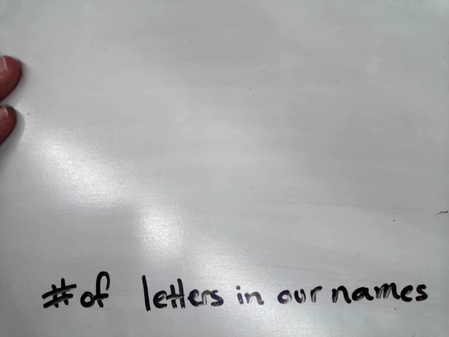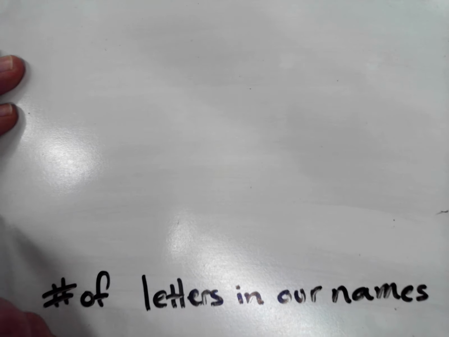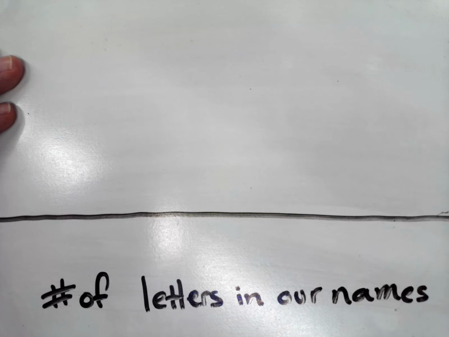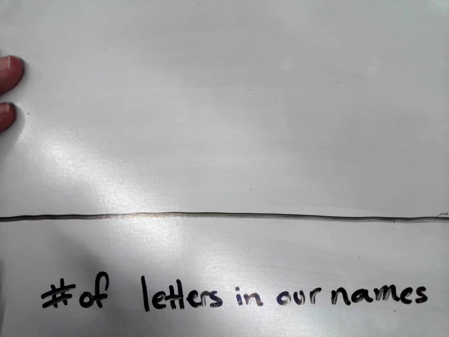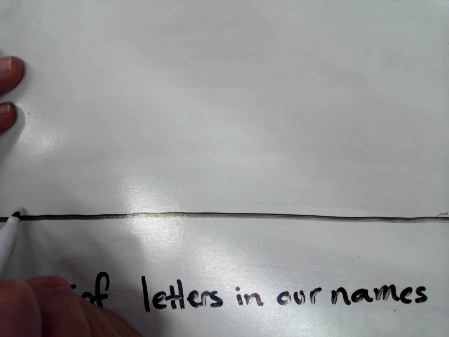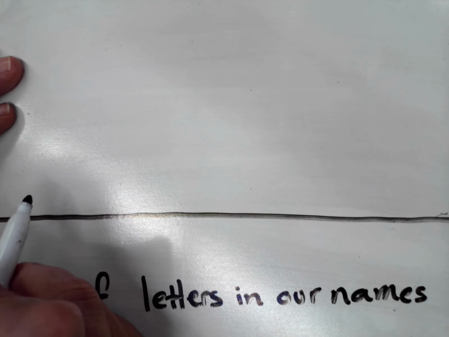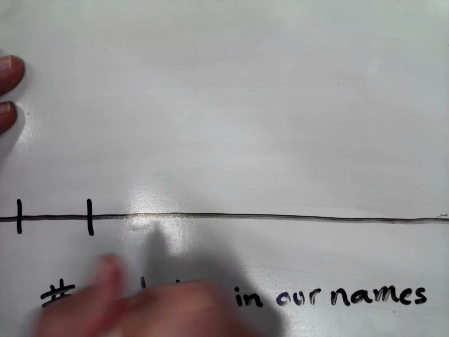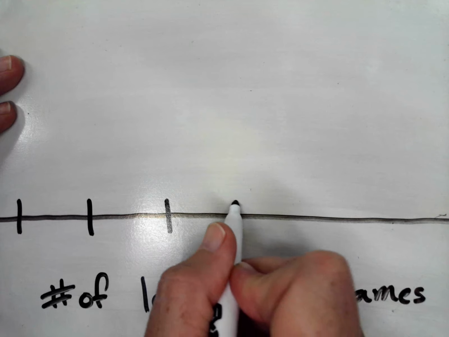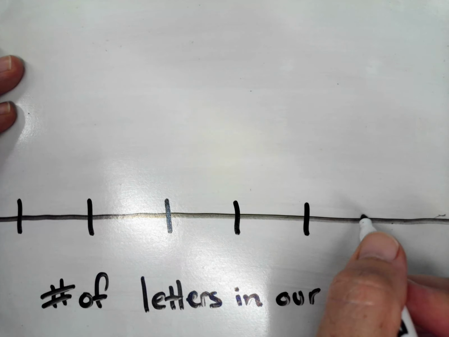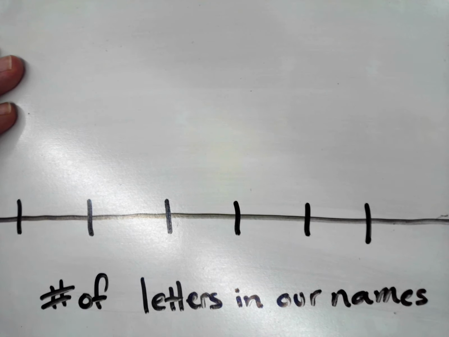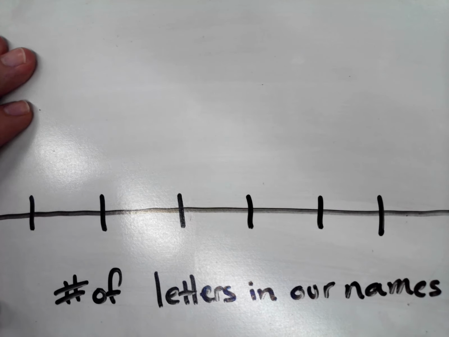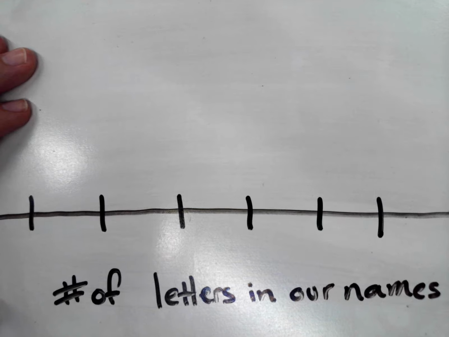This information comes directly from our class, and I'll be showing how we do that. So I have my line. I want to make sure that when I'm drawing, this is able to be seen on the camera. So what I did was go through our class list and count the letters in everybody's first name.